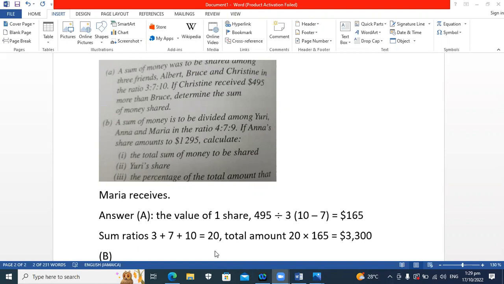It's just like A. You have to find the value of one share. When you find the value of one share, you add 4 plus 7 plus 9 and you times it by the value of one share, okay? Follow? It's very similar.